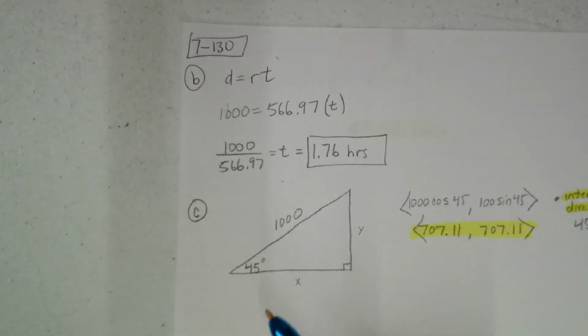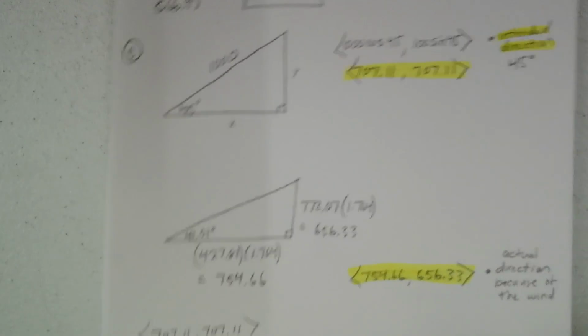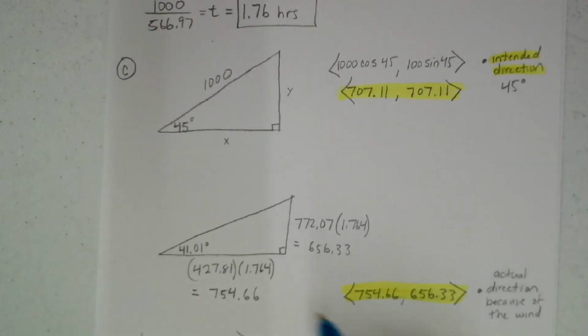And then letter C is the most confusing part. It says if the pilot intended to fly 1,000 miles in the original direction of 45 degrees north of east, how far from his intended destination is he given the situation in part B? Well, I think the situation in part B is that the wind hit his plane. The wind affected his plane.